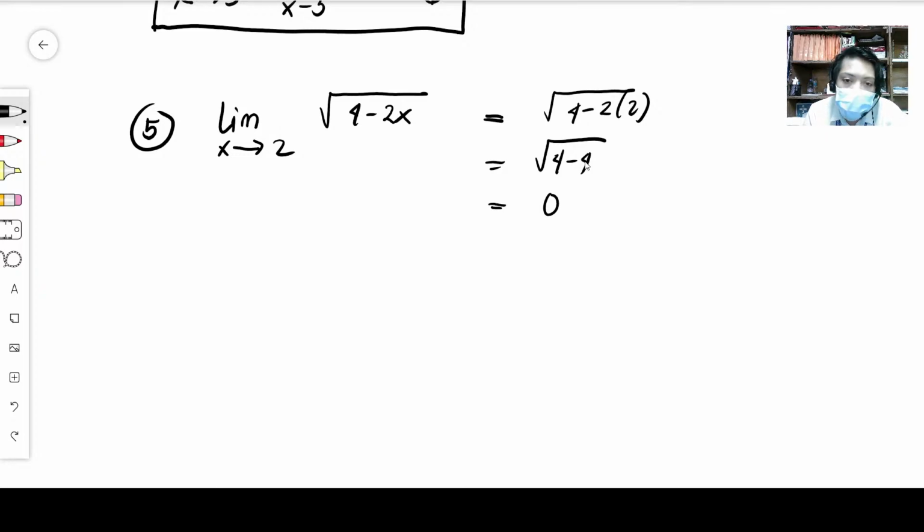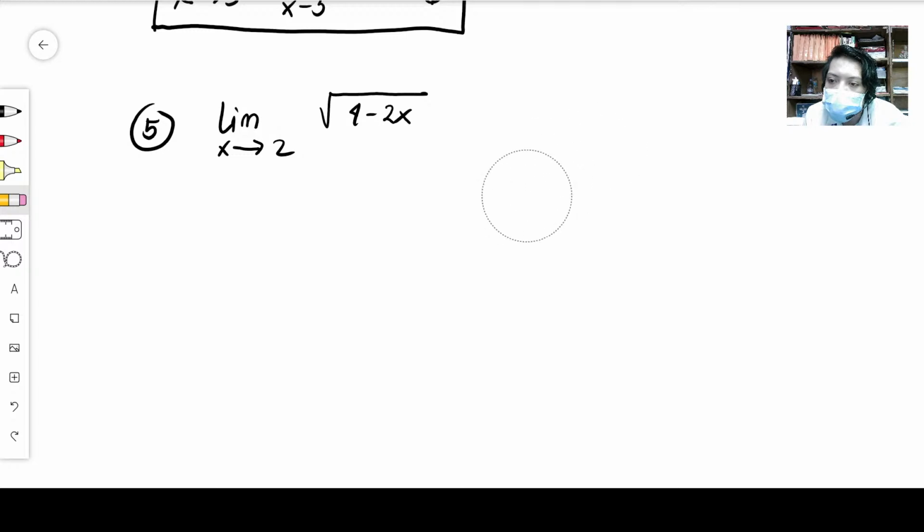Because, again, the limit only exists if and only if the right hand limit and the left hand limit are equal. So you have to check. Let me erase this one, since it is wrong.